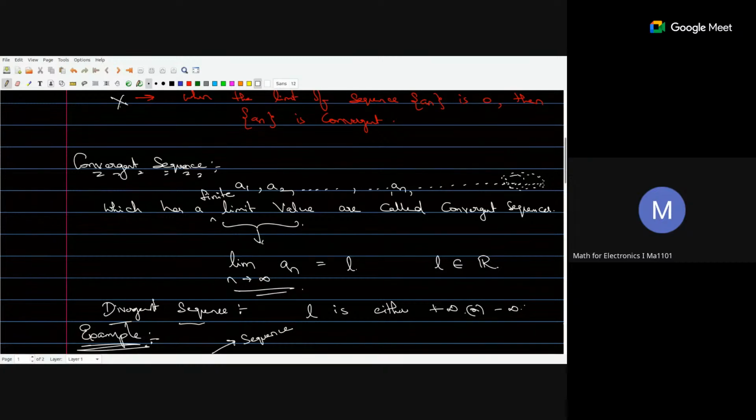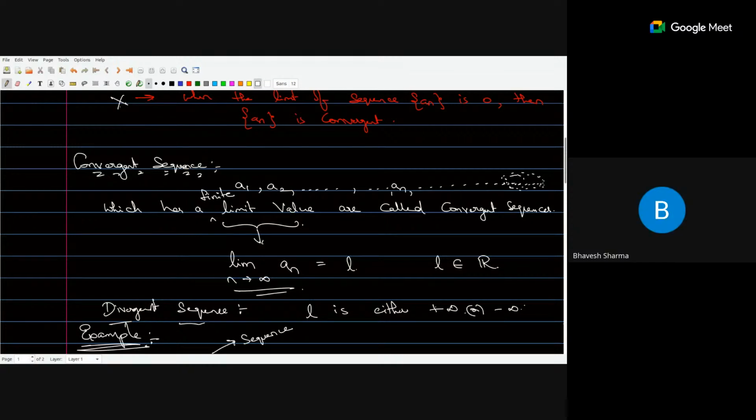If your L is a real number, then you say they are convergent sequences. If that particular L is getting to plus infinite or minus infinite, then you say the sequences are divergent. Only this is the difference between convergent and divergent.